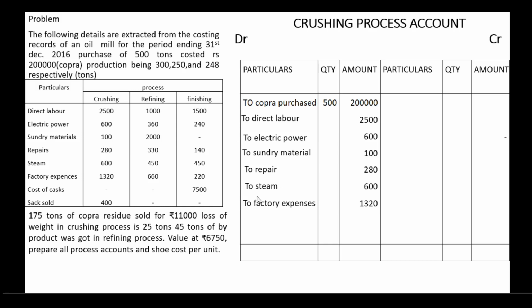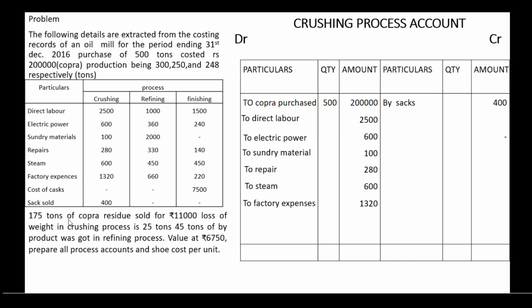And the next one, that is sacks sold. So this sacks sold of the crushing process is entered in the credit side by sacks, amount 400 rupees. And the next two, the 175 tons of copra residue sold for rupees 11,000. Loss of weight in crushing process is 25 tons.